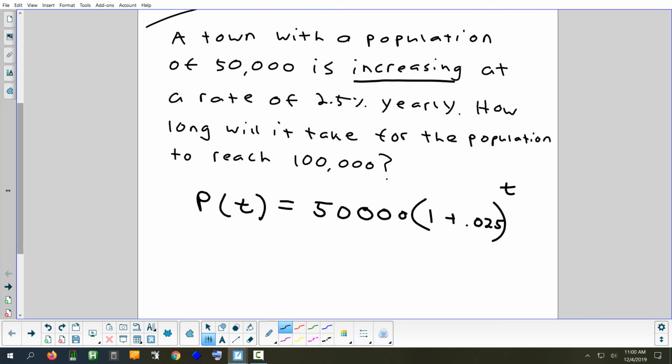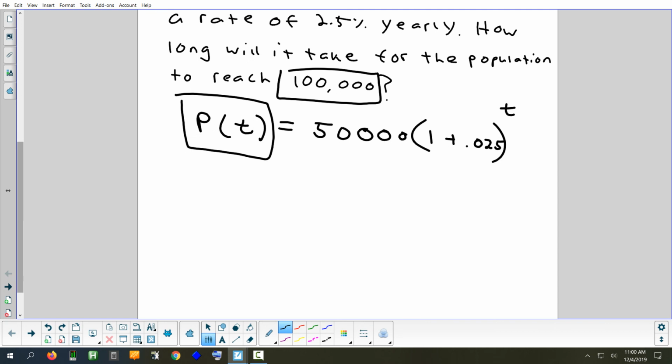People, right? Is it 100,000 years? No. So it's not going to go in for the t because it's not a time. It's going to go in for population right there. Okay. So fill that in. So 100,000 equals 50,000 times 1.025 to the t.